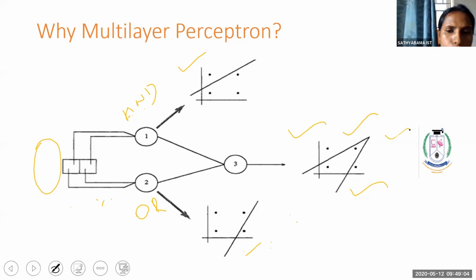Look here, how many layers have we used? More than one layer. This is your input layer, this we are going to call the hidden layer, and this is your output layer, the third layer. You got it? If your model has more than one layer, then you can call it a multi-layer perceptron, right?